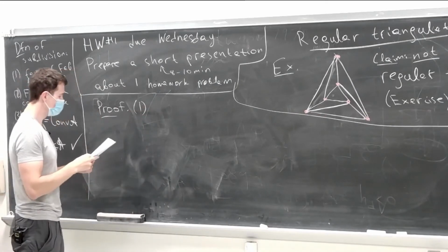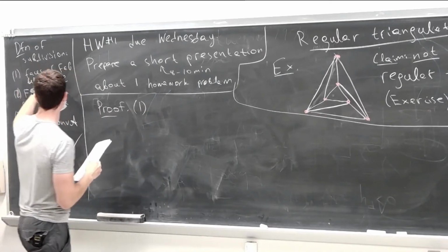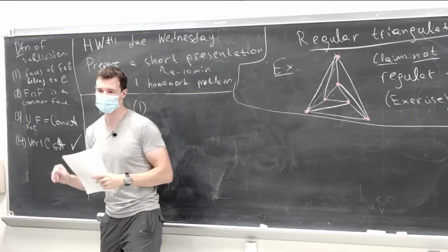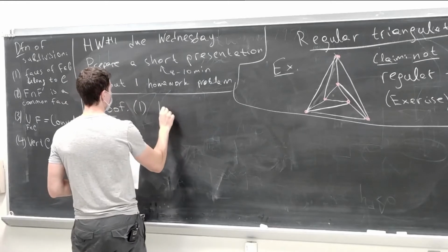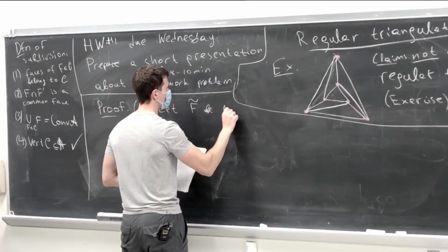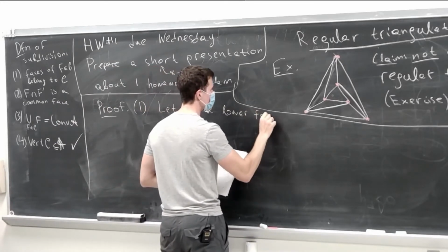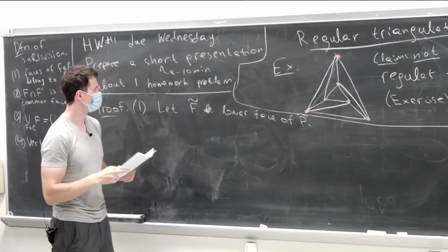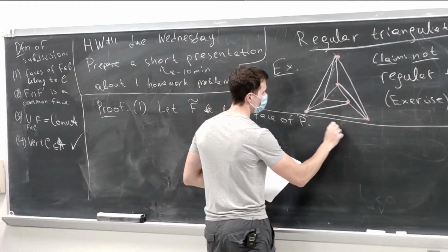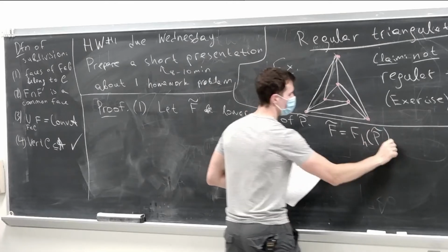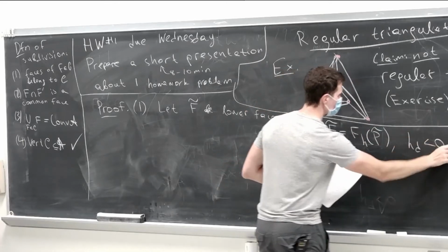I want to prove 1, so I need to take a face of P tilde. I need to take a lower face of P tilde. Let F tilde be the lower face of P tilde. And then maybe F tilde is F sub H of P tilde, where H sub D is negative.